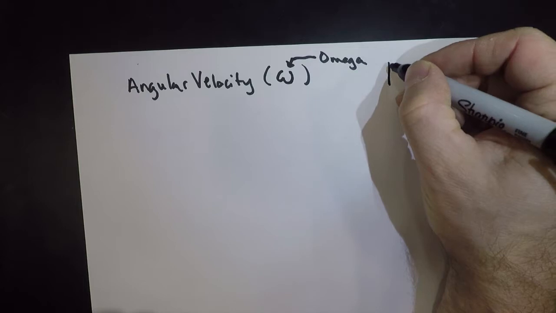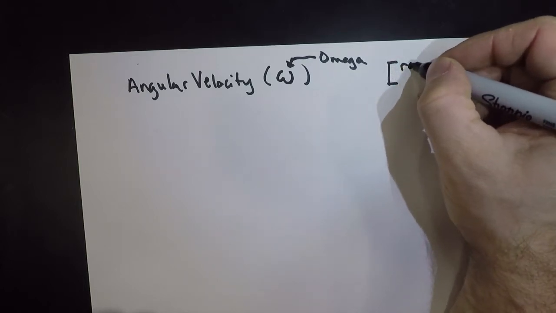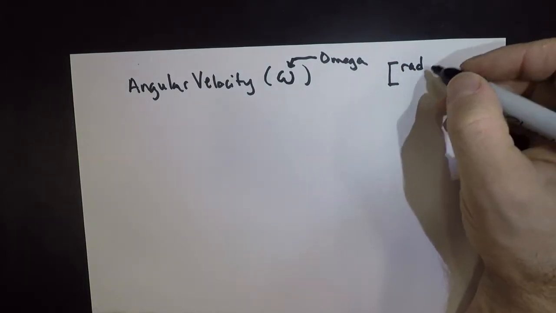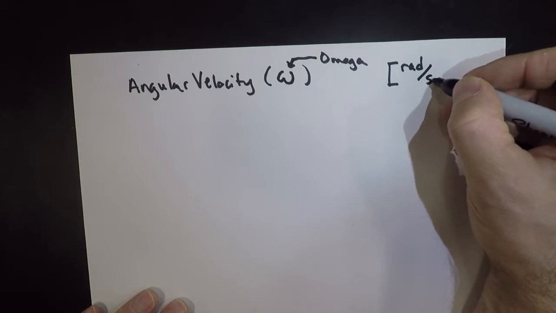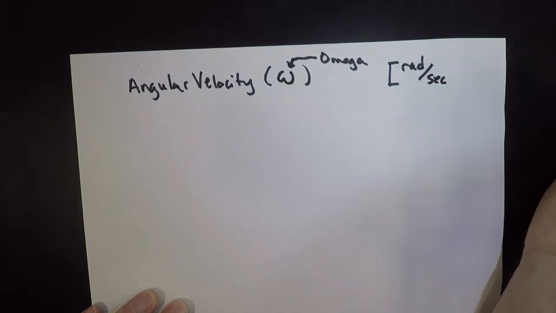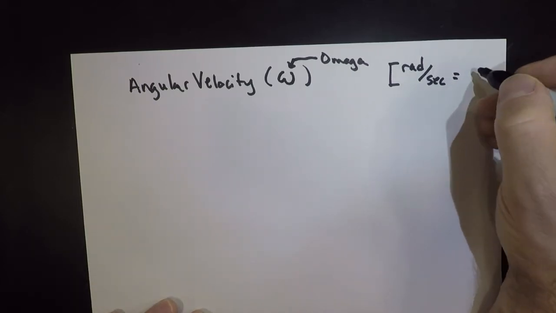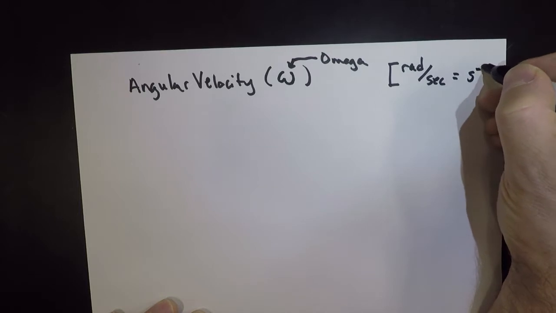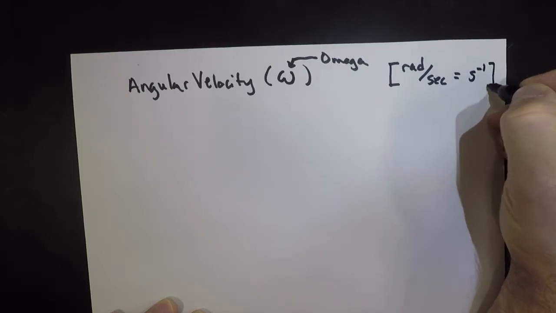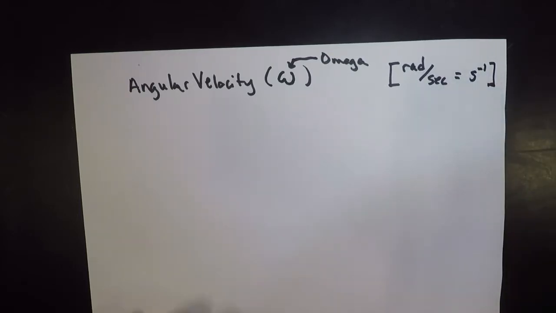And instead of traveling meters, we're going to be traveling radians. So position is measured in radians. So instead of meters per second, we have radians per second as our unit for omega. A radian is a ratio of two lengths, so it's not technically a unit. So from a dimensional standpoint, the units for angular velocity are just 1 over seconds. Okay. And the bigger this number is, the faster the thing is rotating.